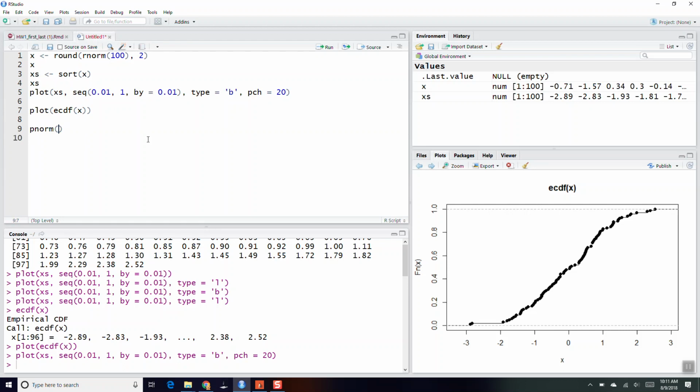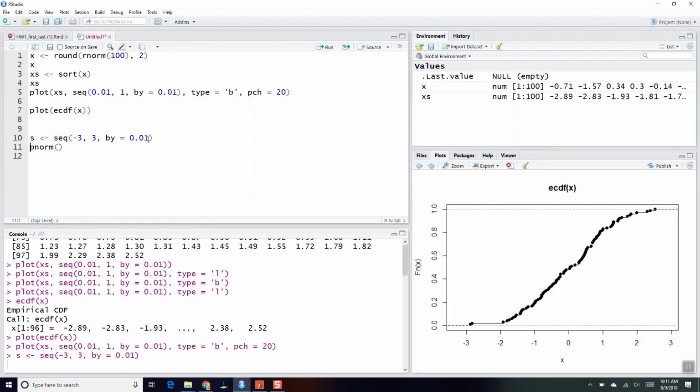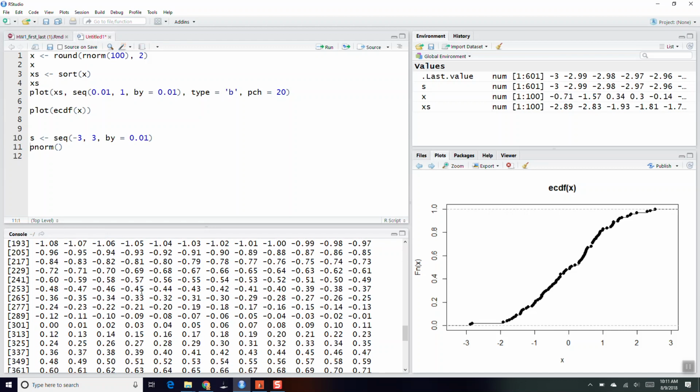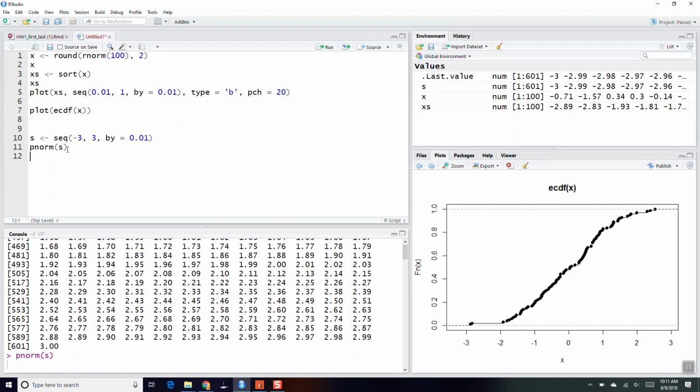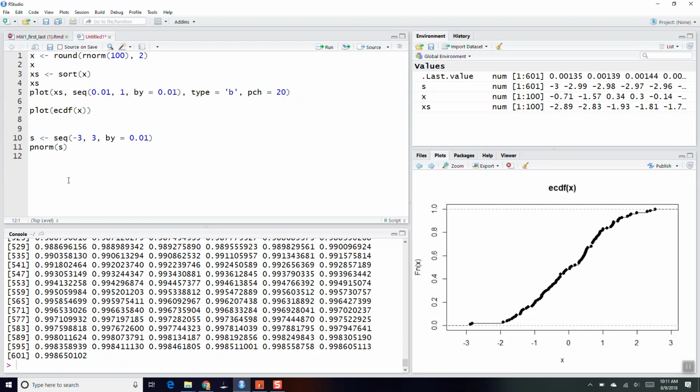Actually, we need to have a sequence s, a sequence from -3 to 3 by 0.01. So this is what we have, and then we'll just ask for pnorm of all of this stuff. These are the theoretic percentiles, and then I would just plot s against the pnorm of s. We'll do type equals l and color equals red.